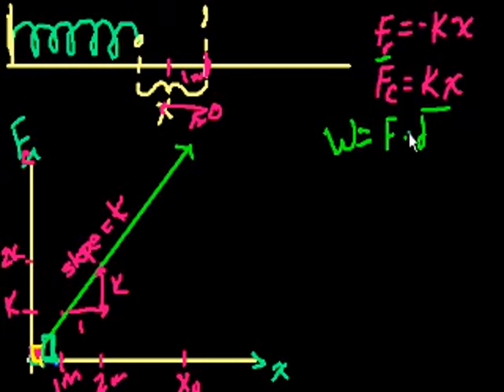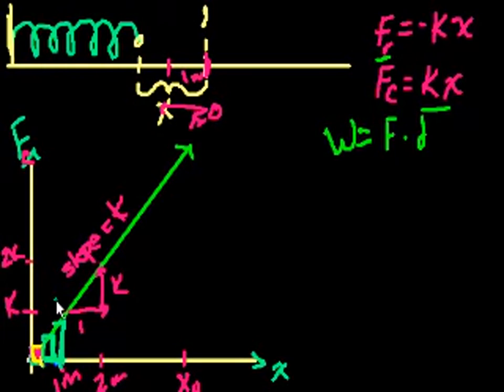So if you see, the work I'm doing is actually going to be the area under the curve. Each of these rectangles, right? Because the height of the rectangle is the force I'm applying, and the width is the distance, right? So the work is just going to be the sum of all of these rectangles. And the rectangles I drew are just approximations because they don't get right under the line. You have to keep making the rectangles smaller, smaller, smaller, and just sum up more and more rectangles, right?